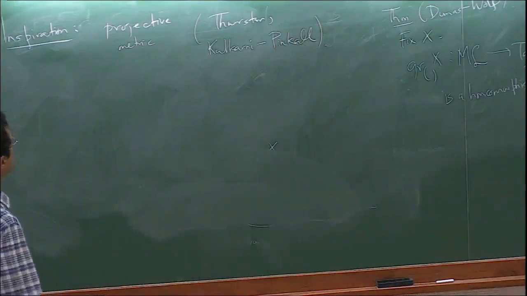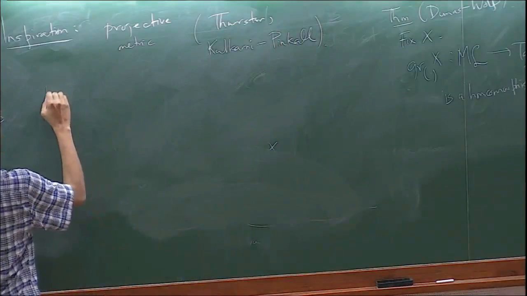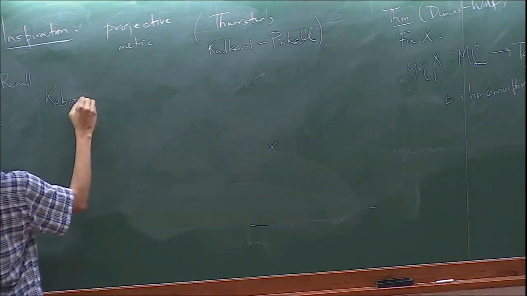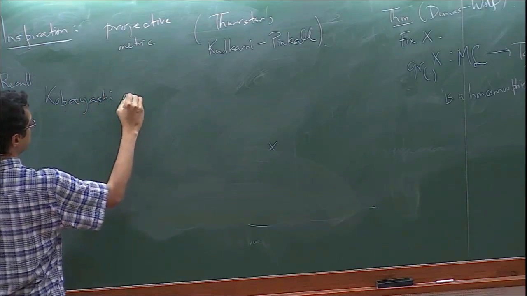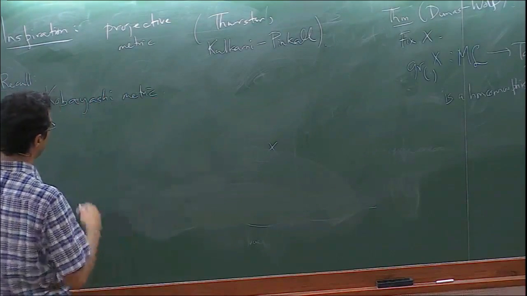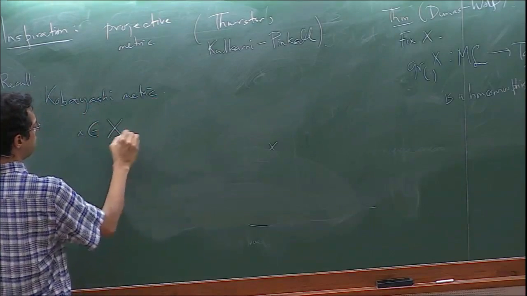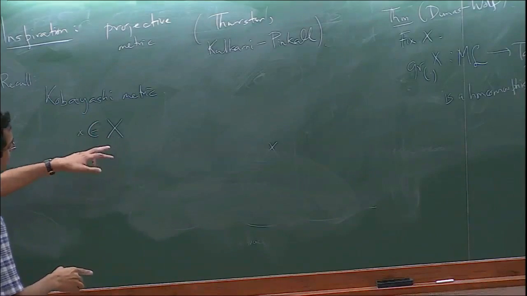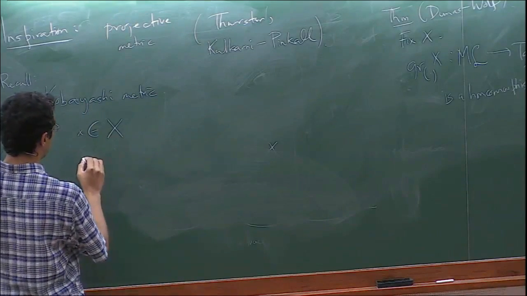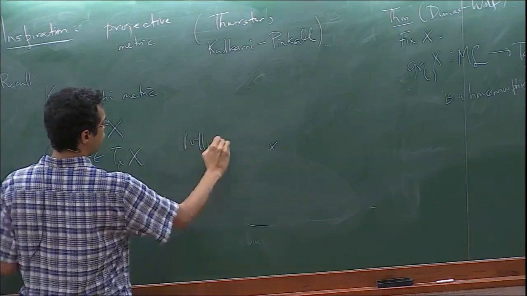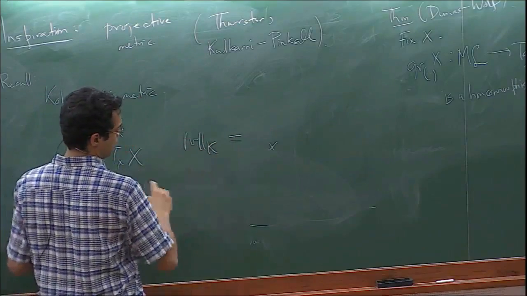And this projective metric is defined as follows. Recall that on a complex manifold you have a Kobayashi pseudometric, which is defined by, if you take a point, here's the Riemann surface, the general complex manifold, and a vector in the tangent space, then the Kobayashi norm of this vector is defined as follows.